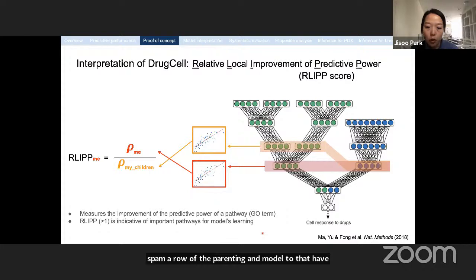An RLIPP score larger than 1 reflects that the state of the parent pathway, represented by its neuron values, has more predictive power for the drug response than the mere concatenation of the state of its children. And it indicates the importance of the parent pathway in DrugCell's learning.